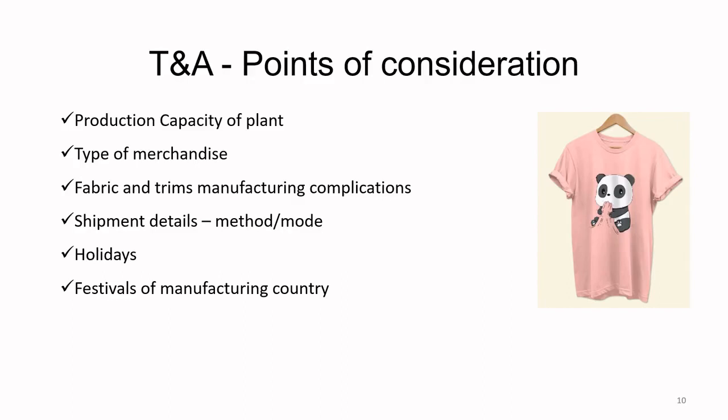Festivals of the manufacturing country. Let's say you have to buy some accessories from China. Now, the Chinese have their New Year, which lasts 14 days. Now, if that New Year is happening anywhere between the time that you will be ordering your accessories, in that case, for those 14 days, nothing is going to happen.